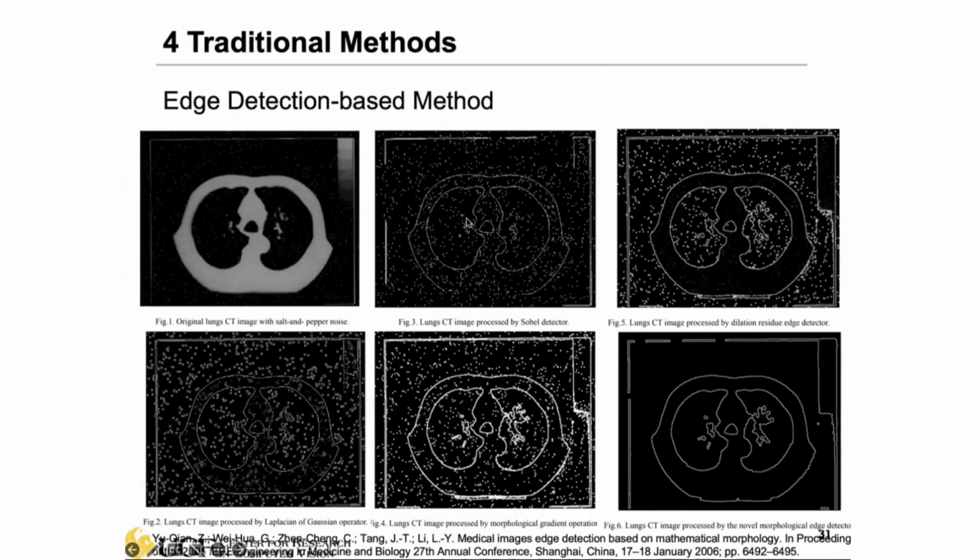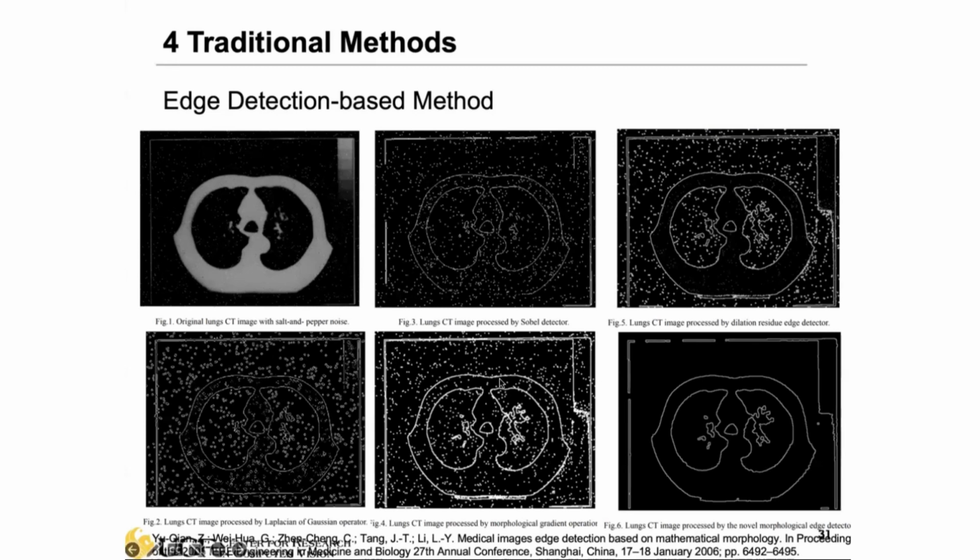And the second method is the edge detection-based method. We can use edge detectors, like the Sobel detector, or the Canny edge detector, or maybe even more complex or advanced edge detectors, to detect the edges.